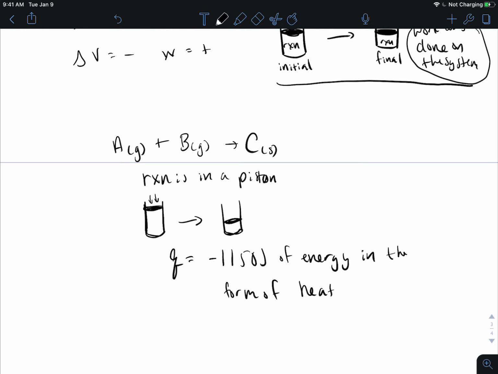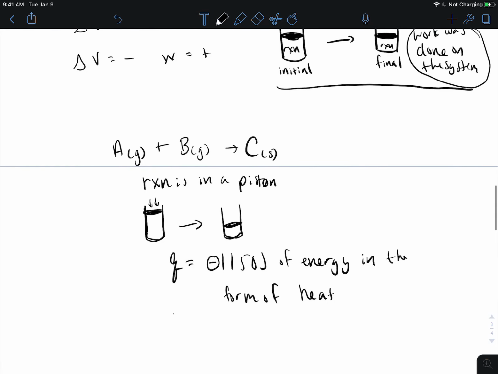Because it loses it, it's going to be a negative value. And because we're pushing down, work is being done on the system. Our work is a positive 480 joules done on the system.